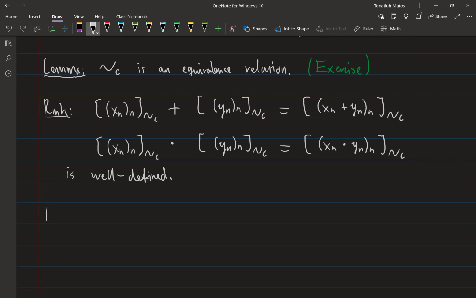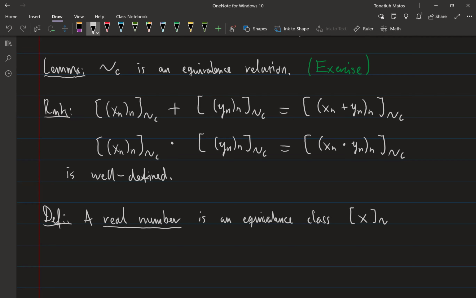Okay, so now we can just define what a real number is, right? So a real number is an equivalence class. Right, so you pick a sequence under this new equivalence class being sort of Cauchy equivalent.